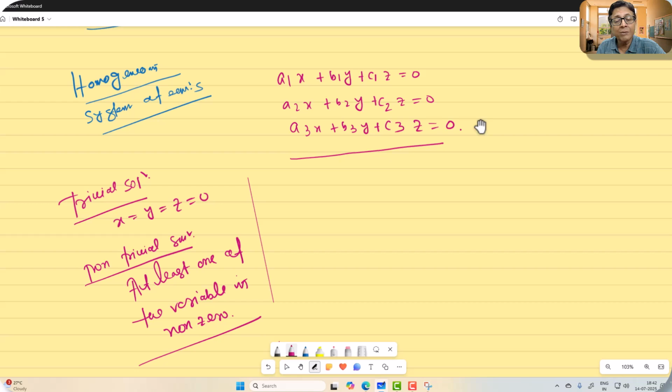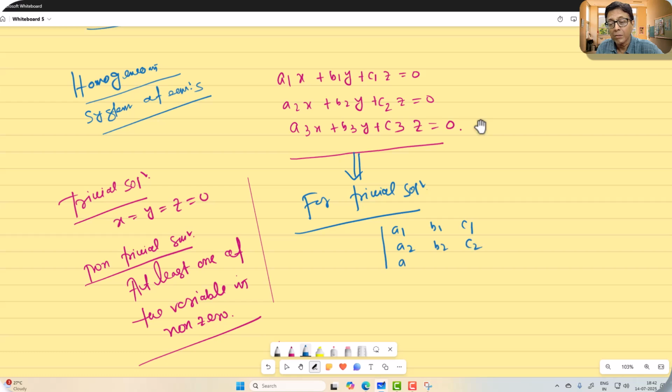For this system of equations, for a trivial solution, the determinant of A1, B1, C1, A2, B2, C2, A3, B3, C3 must be not equal to 0.